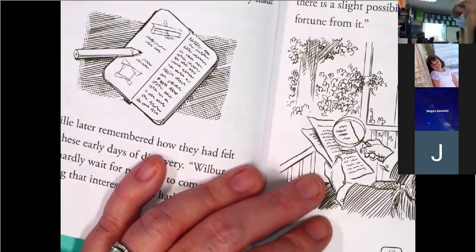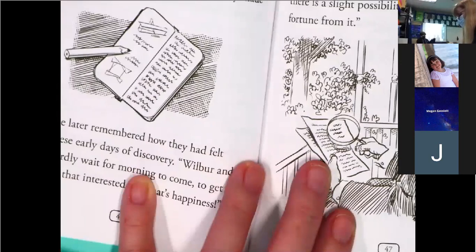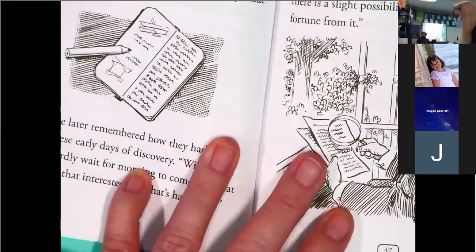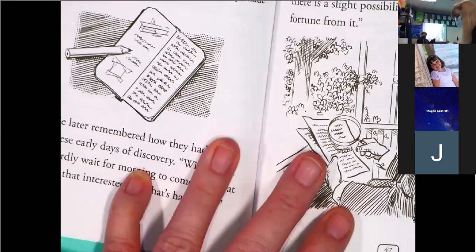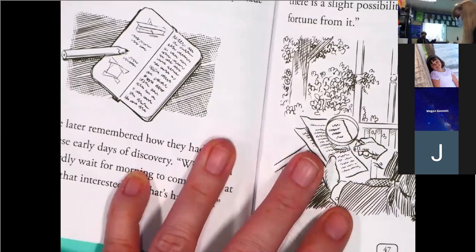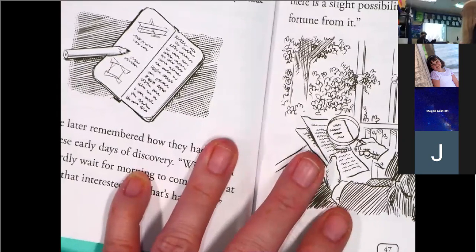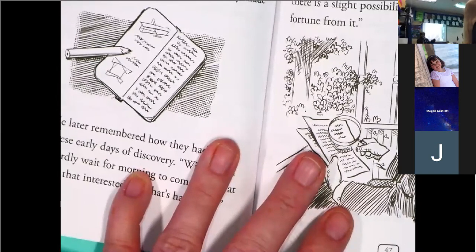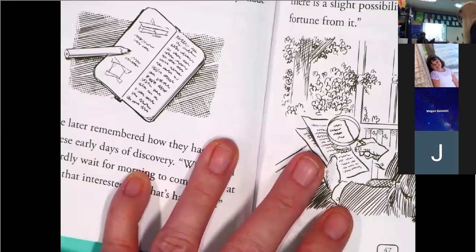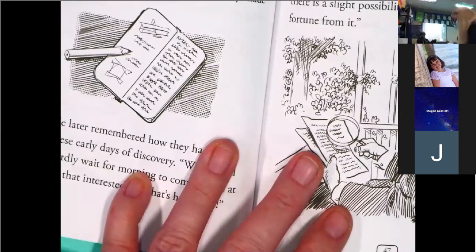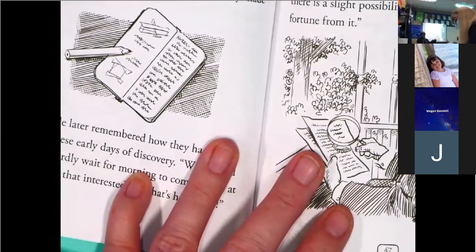Wood, cloth, wires. Not quite string. Wood, cloth, wires, and... no, the wires had to attach to something. What do they attach to? Nobody recalls? Hooks. Okay.